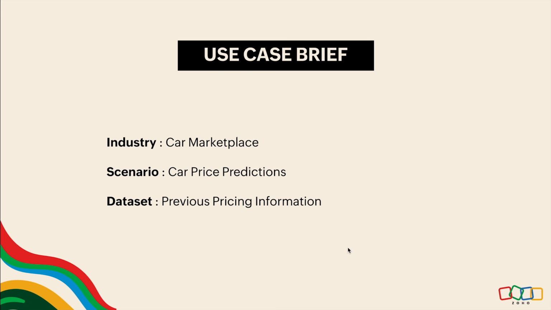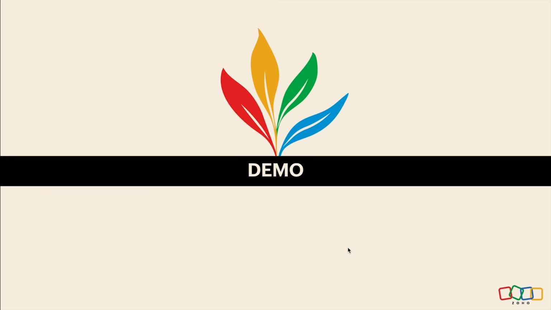So to help you with this scenario, we'll be creating an ML model which can give you predictions on the optimal prices that you can set for your car models. For this, you've already collected some previous pricing information which has worked for you well so far. So using this dataset, we'll be creating an ML model that will provide you with the predictions for setting your car prices. So we'll see how we can do that.